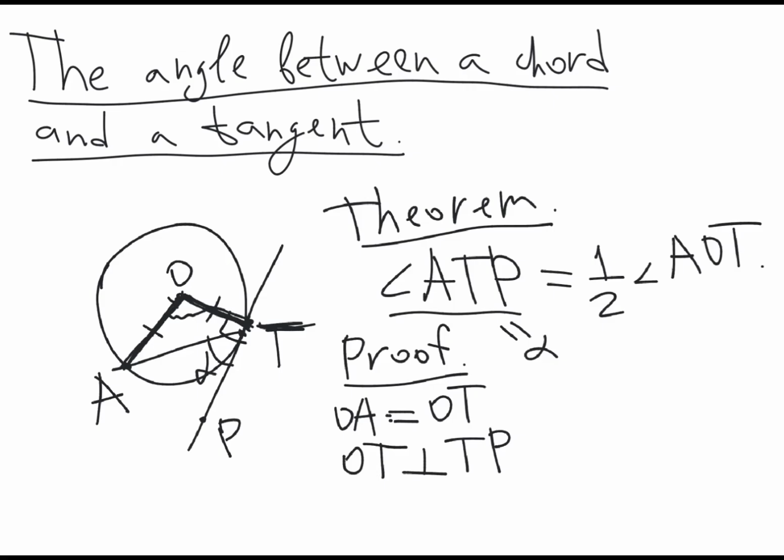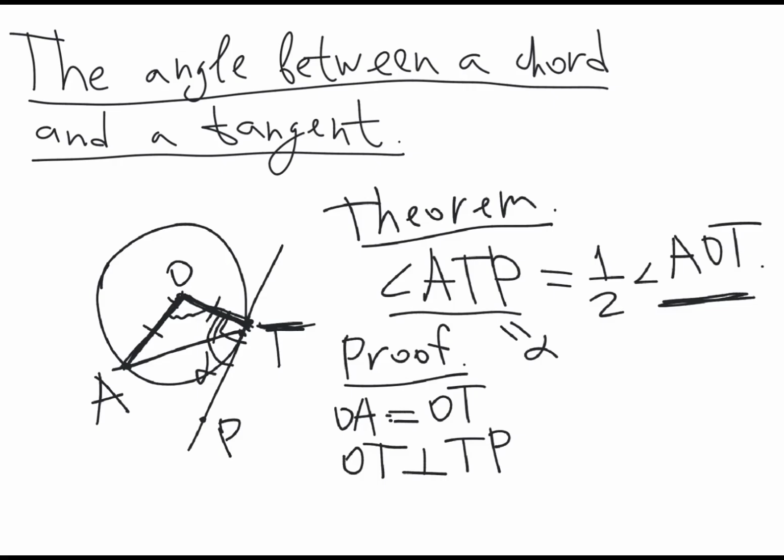Now what we will do is basically express the other angle AOT in terms of alpha, and we will see that this equality holds. So first we can express the angle OTA in terms of alpha, it's simply 90 degrees minus alpha.